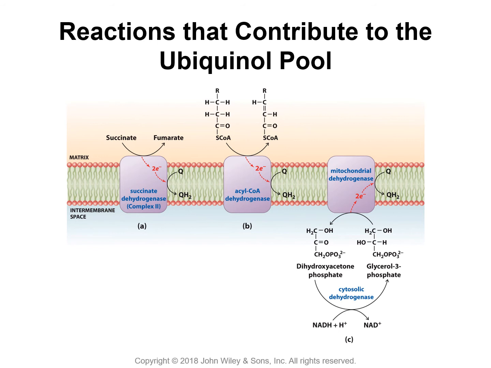And then in C, the glycerol 3-phosphate shuttle system, electrons from cytosolic NADH are used by a cytosolic glycerol 3-phosphate dehydrogenase to reduce dihydroxyacetone phosphate to glycerol 3-phosphate. The mitochondrial enzyme embedded in the inner membrane reoxidizes the glycerol 3-phosphate, ultimately transferring the 2 electrons to the membrane ubiquinone pool.